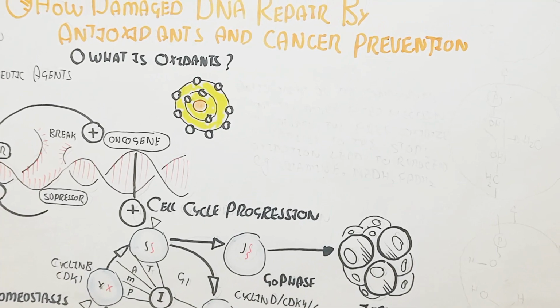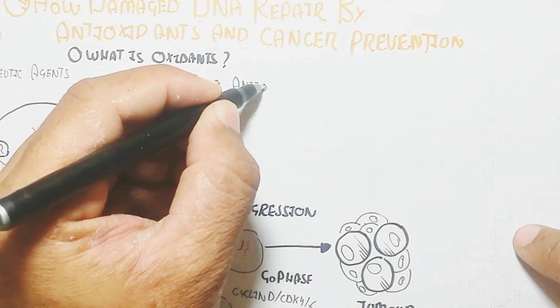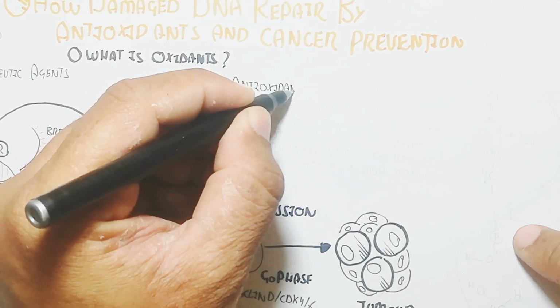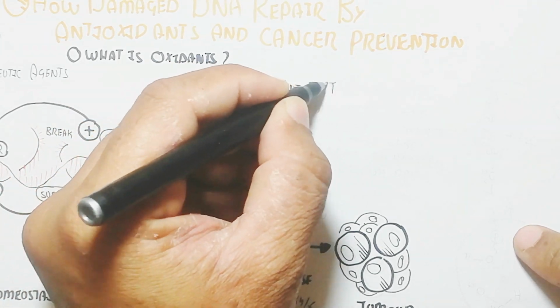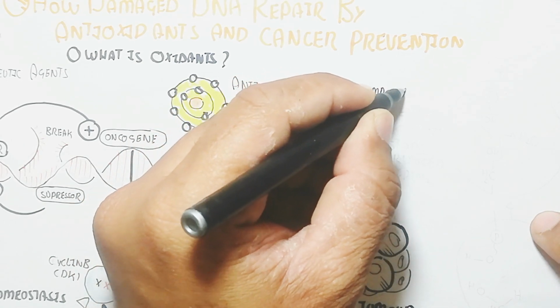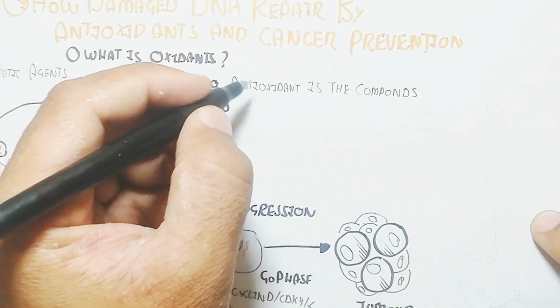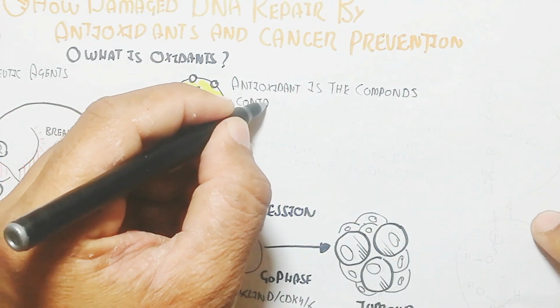And in this way, prevention is through antioxidants. So what is an antioxidant? Antioxidants are compounds containing extra electrons to donate to free oxidized particles to stop oxidation, leading to reduction.